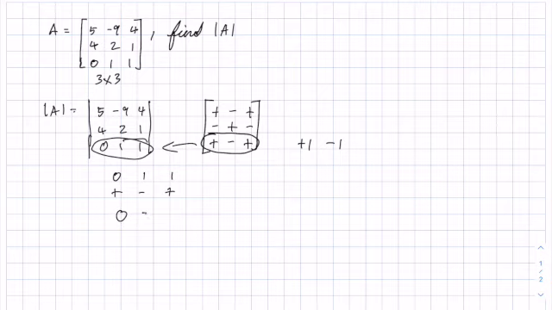There'll be -1, and this will be +1. We're essentially just multiplying by +1, a -1, and a +1, just to get these values. This is how we applied the pattern for a matrix of cofactors, just to get this row out like this.